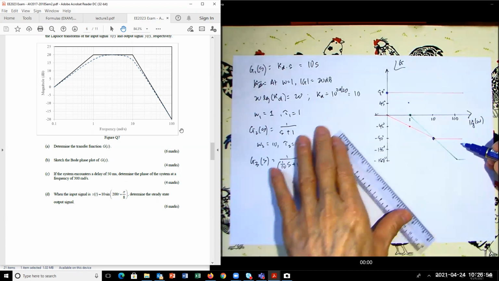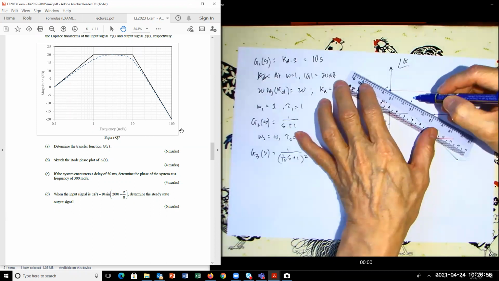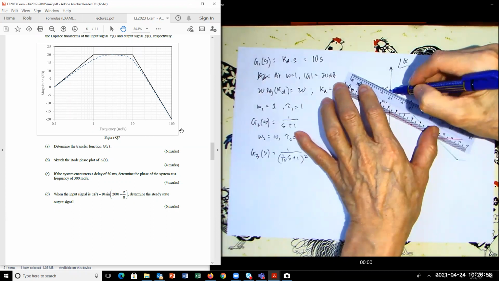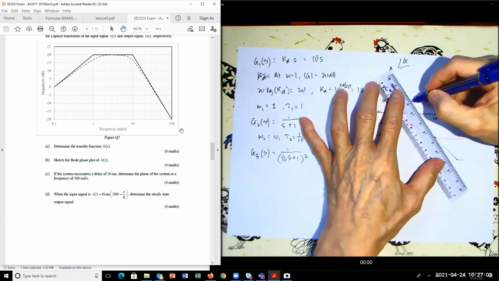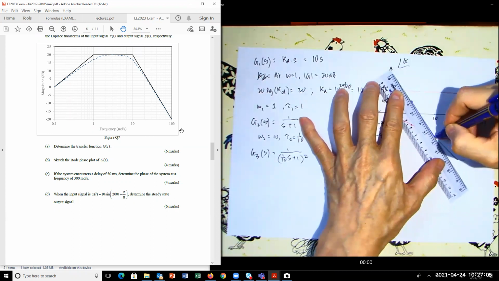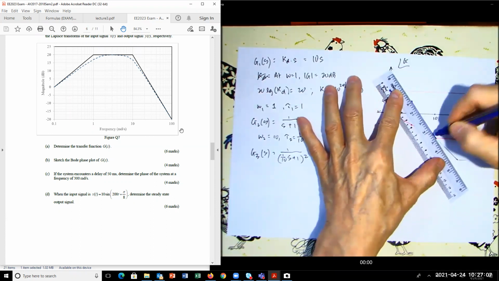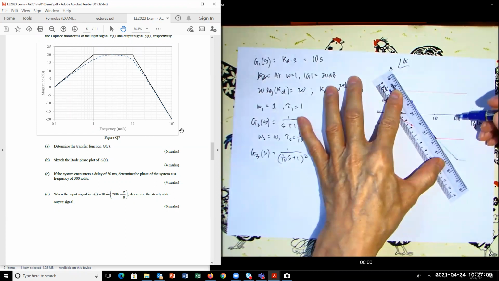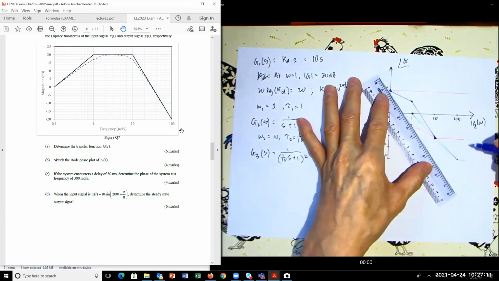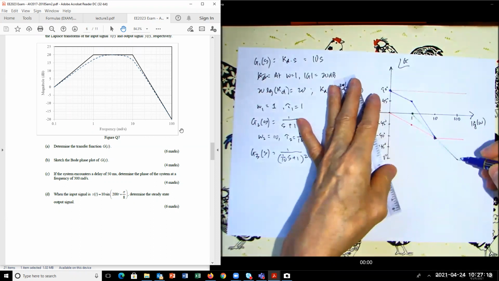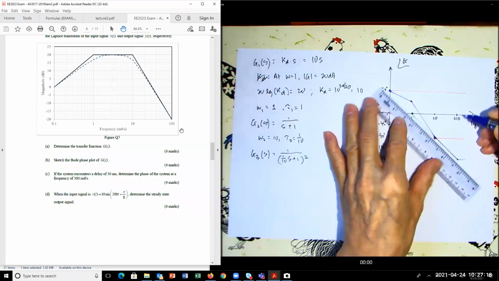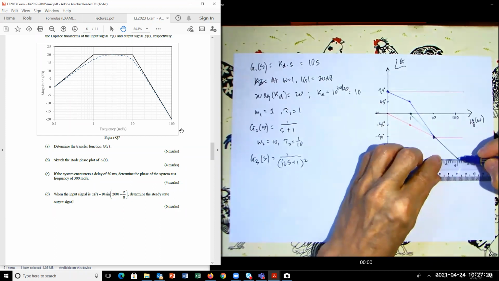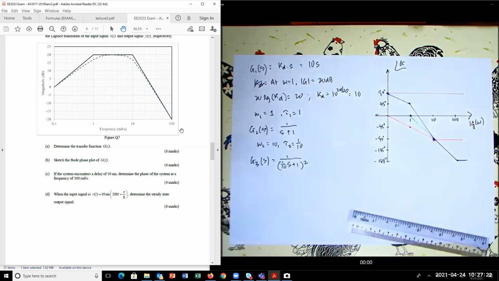So basically you will have this from here to here, then here to here. Over here it will be at minus 180. Follow here, and then this. There is the blue line. So that's how you combine them together.